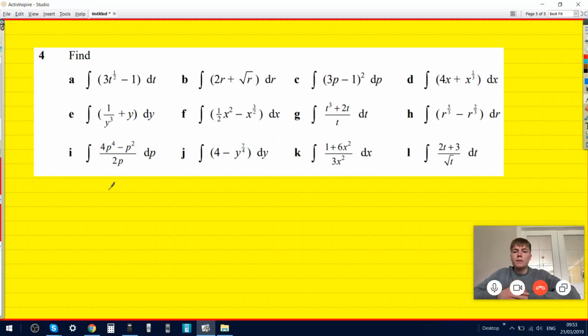Would you bring the t up before you do anything else? Okay, so what would you get? T squared plus 2. Fine. T squared plus 2, and then you just integrate that, and it's quite easy to integrate.